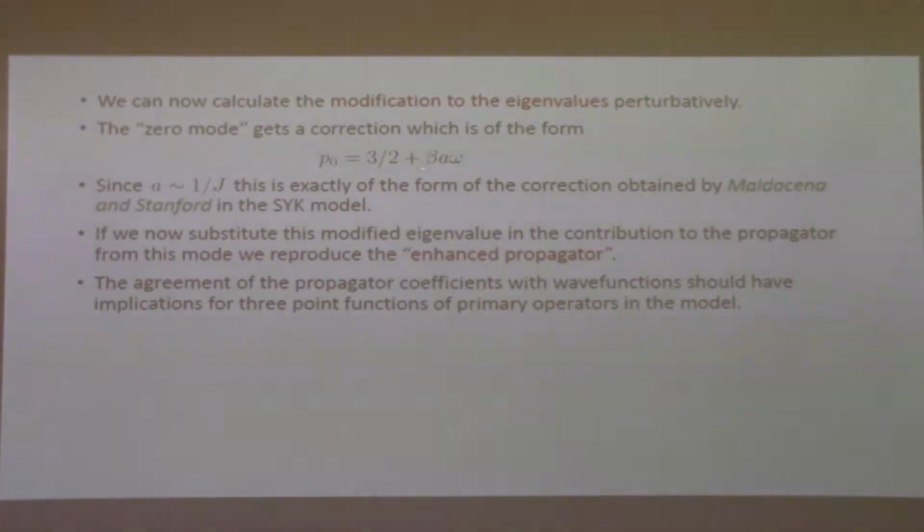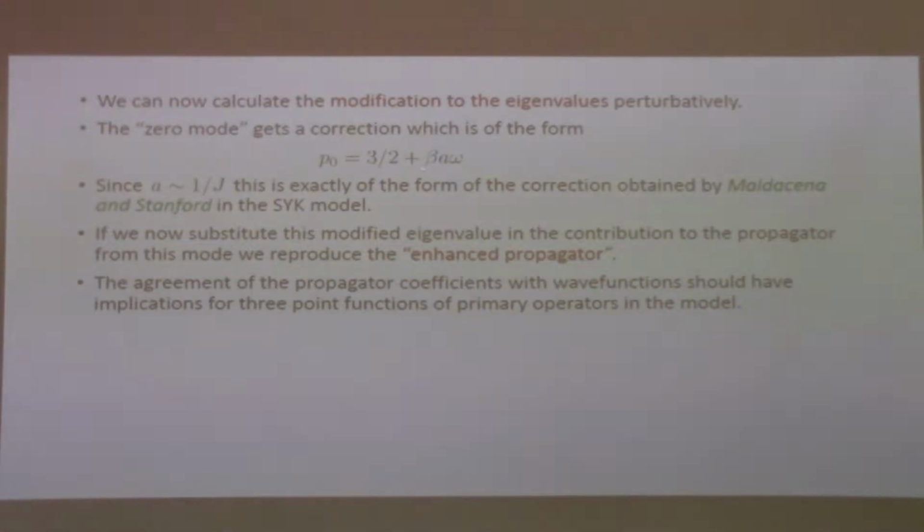Namely, the 3/2 mode, for example, is corrected by an amount which is proportional to the frequency. And since this parameter A, I said, should be 1/J, this is exactly the form of correction obtained by Maldacena and Stanford. If we now substitute this into the modified eigenvalue in that expression, what you get is exactly the enhanced propagator of this particular mode.